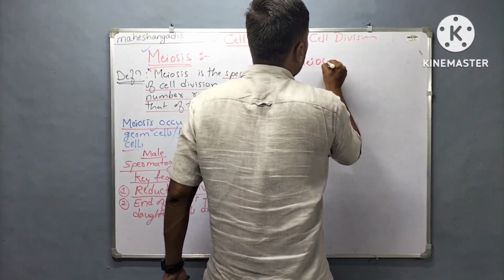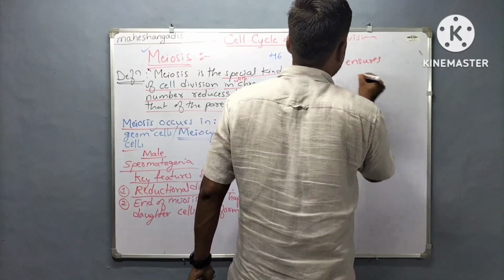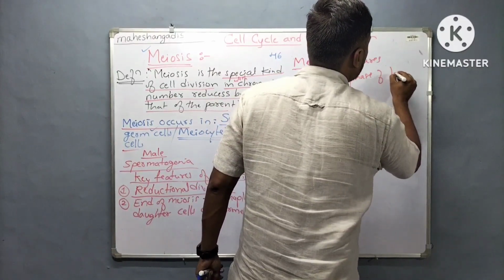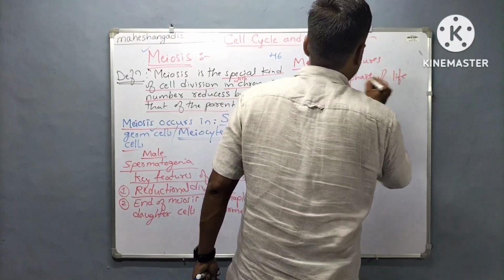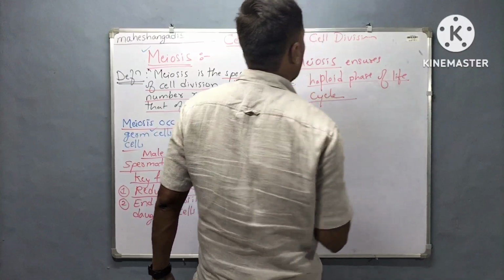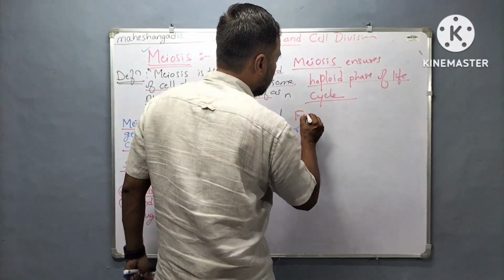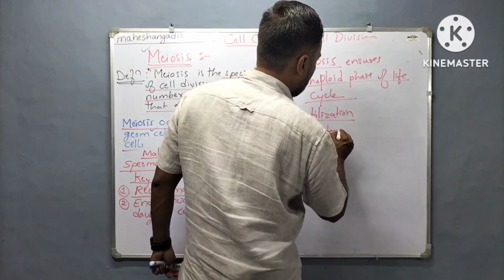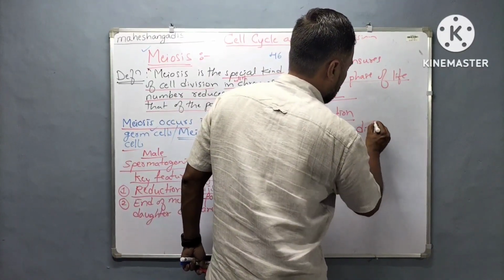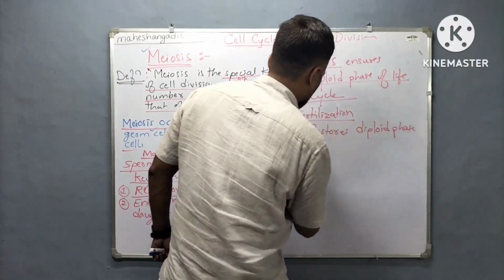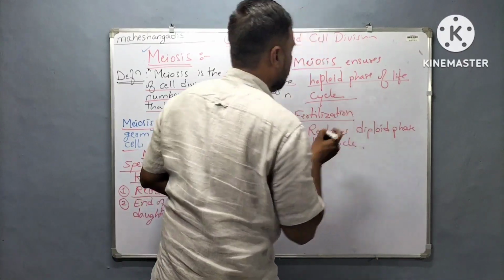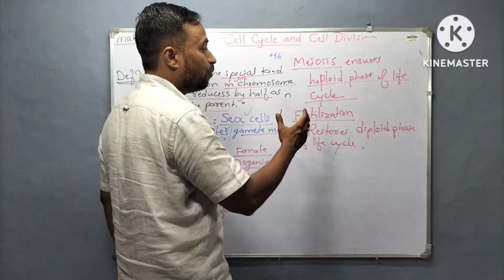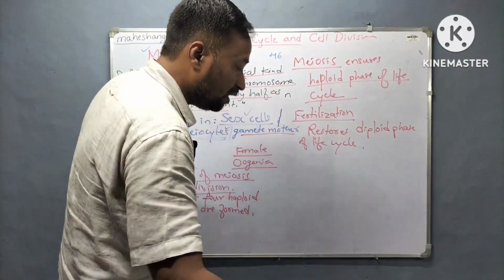Meiosis ensures the haploid phase of the life cycle, whereas fertilization restores the diploid phase of the life cycle. Yes, this is also one of the key features.